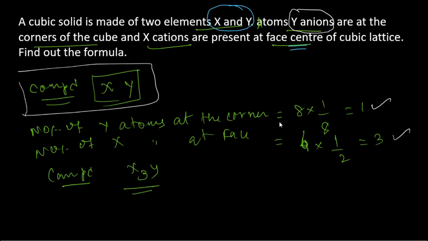So corner atoms are Y, face centers are X. We know already 8 into 1 by 8, that is 1. And for face centered, 6 into 1 by 2, that is 3. So we have to arrive at the molecular formula based on this. There are 3 X, so X is 3, Y is 1. So you can call it X3Y. This is the molecular formula of the given compound. Right, next.